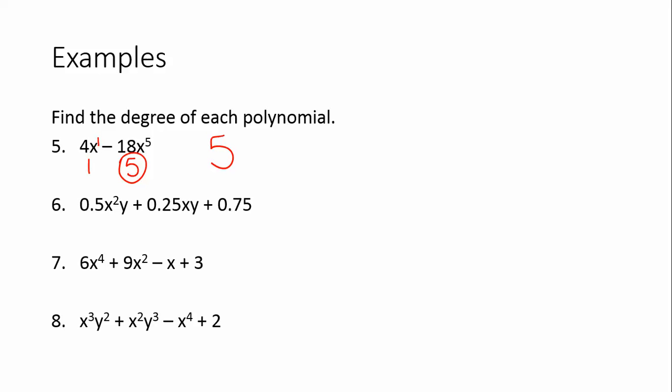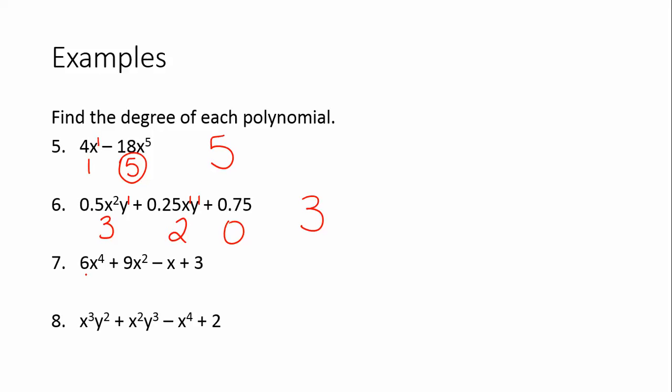For number 6, again, just find the degree of each piece, and then the one with the highest degree, that's the answer. So here we have 3 because it's 2 plus 1. Here we have 2, which is 1 plus 1, and a constant has a degree of 0. So this polynomial has a degree of 3.